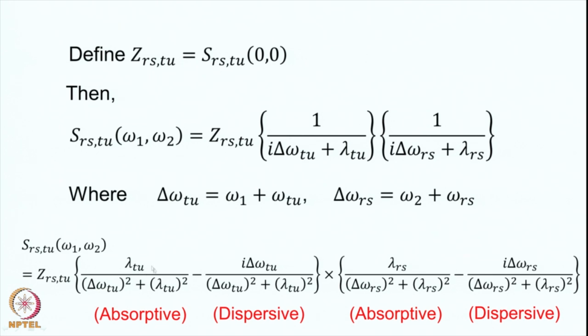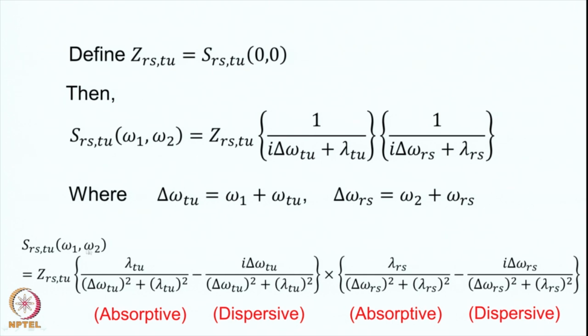If you plot this as a function of frequency, this will generate an absorptive line shape, the same as what we had done earlier in the case of one dimensional Fourier transformation, and this will generate a dispersive line shape because of the i delta omega Tu over delta omega Tu square plus lambda Tu square. Similarly, these are the absorptive and dispersive components along the F1 axis, and on the F2 axis you have the absorptive component and the dispersive component present.